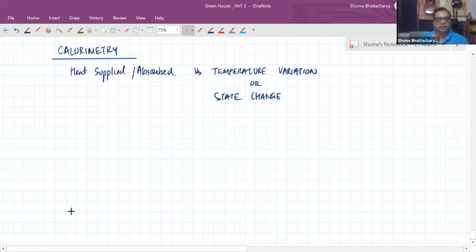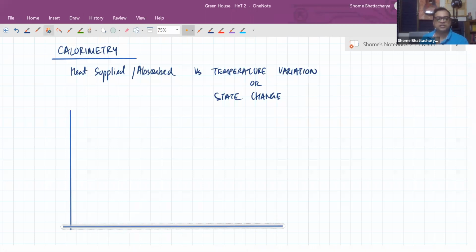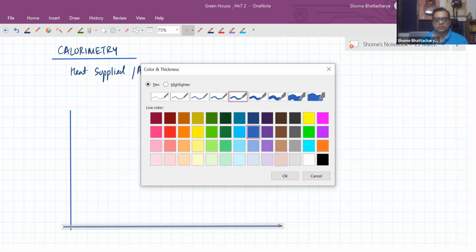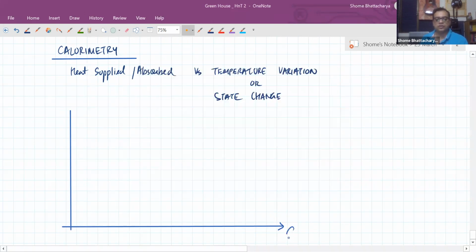Here what we understand is that we are supplying heat to a certain material, which is initially in solid state. Q is on the x-axis, it is heat supplied to the material, and T, on the y-axis, is the material temperature.